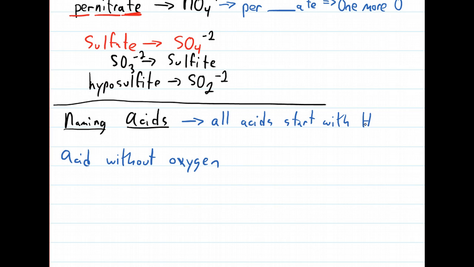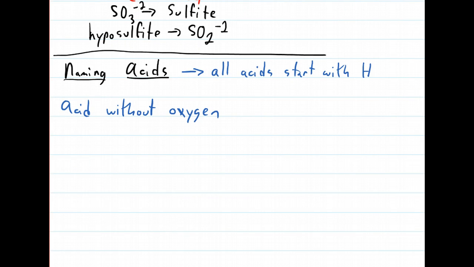So it's always H and then something else. It's not always, because we have H2O, which obviously isn't an acid, but for the most part, yeah. So all acids start with H, and if it's an acid without oxygen, it's just going to be the H and one other element.